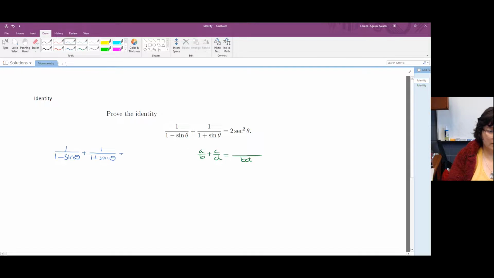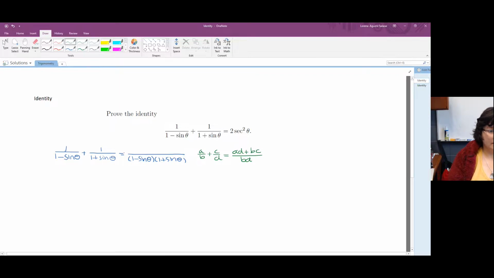Here we are going to multiply 1 minus sine of theta by 1 plus sine of theta. And then what goes on top is the cross multiplication of terms added up. So we do a times d plus b times c on top. All that gets divided by bd.